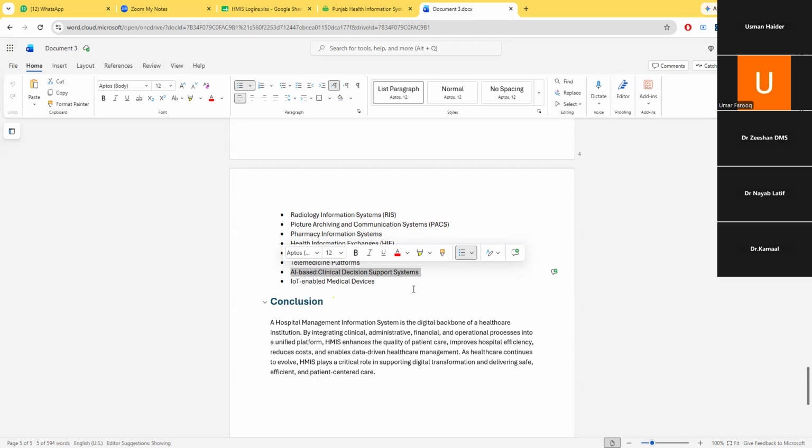The doctor can't see all 25 visits at that time, because there are a lot of patients at the health facility and the doctor has no time to check. So at this point, if the doctor is going to prescribe that medicine, the AI-based system will automatically alert them that this patient had an allergy issue with this medicine or salt in a previous visit.